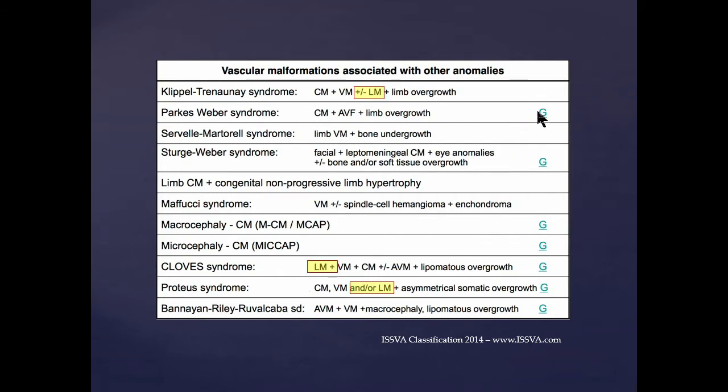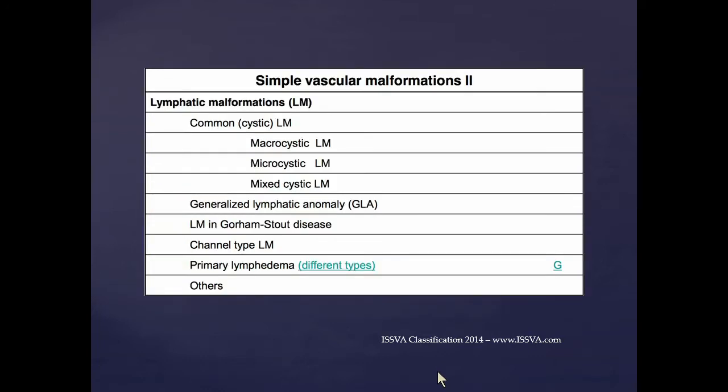As has been pointed out to you before, this is an online resource from ISSVA, and you can see the genetics where the molecular mechanisms and gene issues have been uncovered. So I'm going to just go through this list kind of in stepwise fashion.